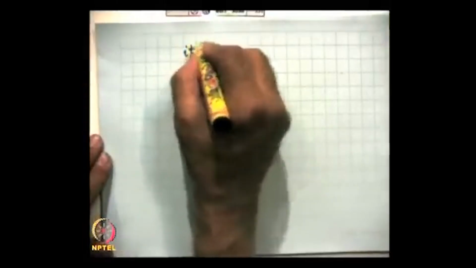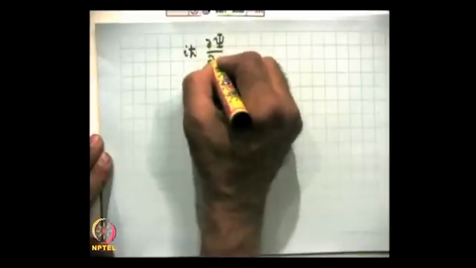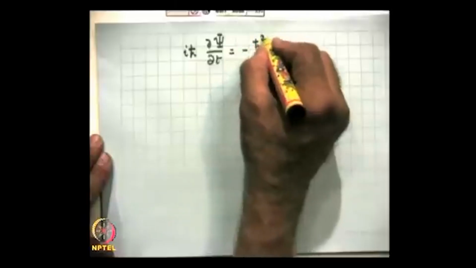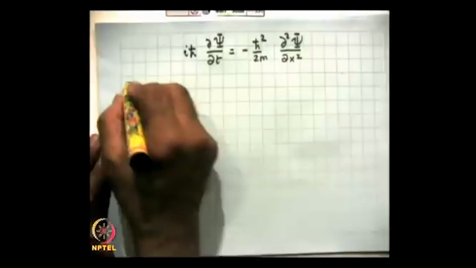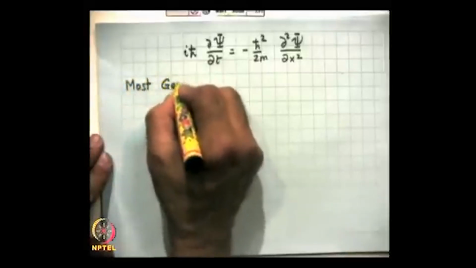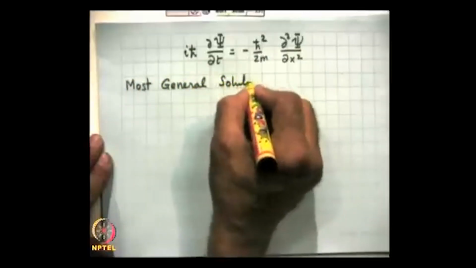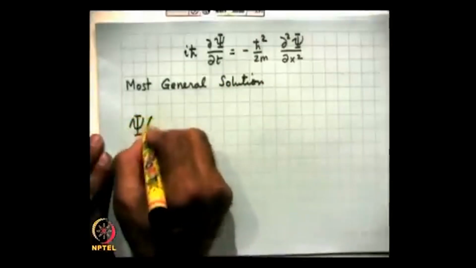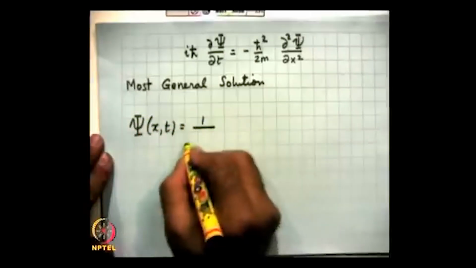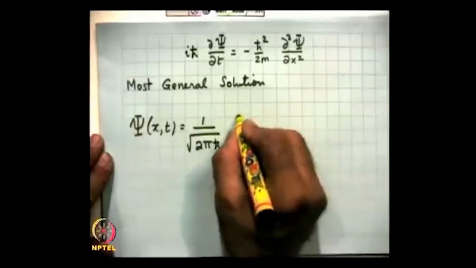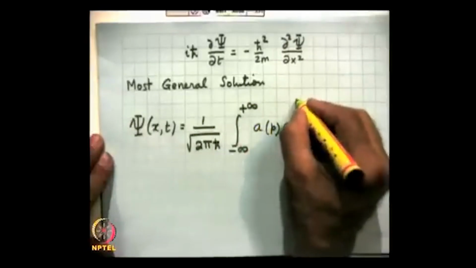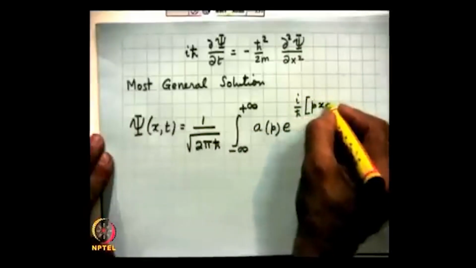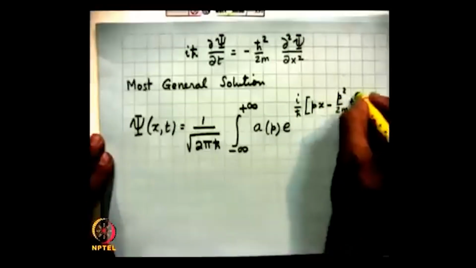So, therefore, the most general solution of the one dimensional Schrodinger equation, i h cross delta psi by delta t is equal to minus h cross square by 2m delta 2 psi by delta x square, is given by psi of x comma t equal to 1 over under root of 2 pi h cross, integral minus infinity to plus infinity a of p e to the power of i by h cross p x minus p square by 2m into t, into dp.